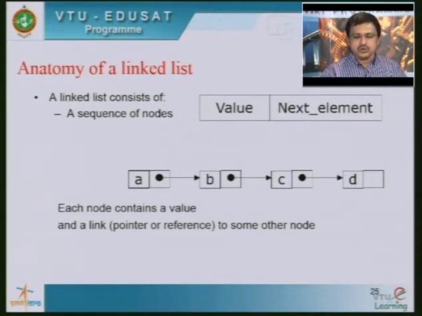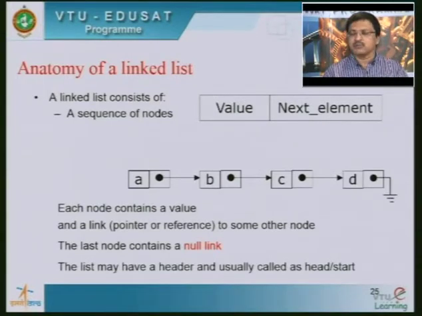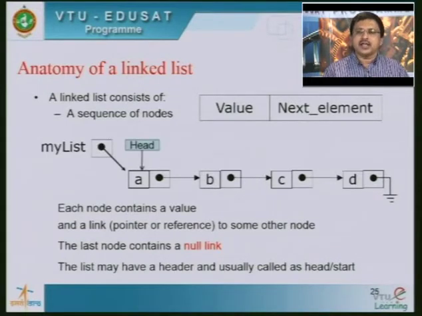So, you have A followed by B followed by C followed by D. The last node contains a special value in its address field, called a null pointer or a null link. I hope you have understood how the data is organized here. You can keep the information of the first element in a name called head, or you can also name it my list.